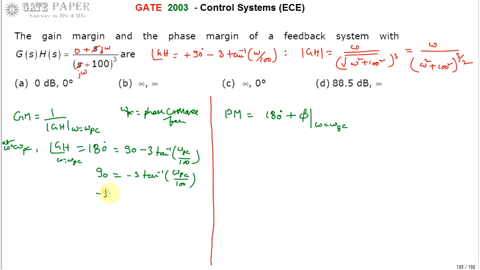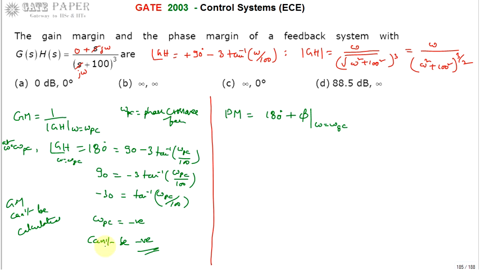So minus 30 is equal to tan inverse omega PC by 100. You will get omega PC as a negative value, since tan inverse of minus 30 gives minus tan 30. Omega PC cannot be negative, so you cannot calculate gain margin. Gain margin cannot be calculated for this one since phase crossover frequency is negative.